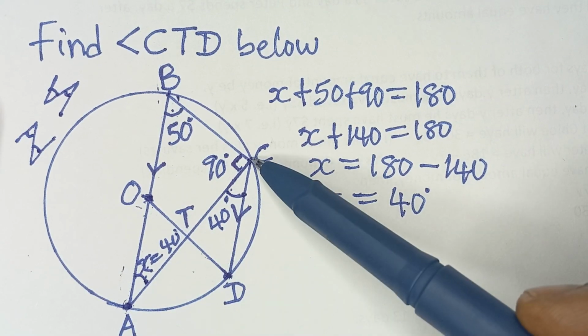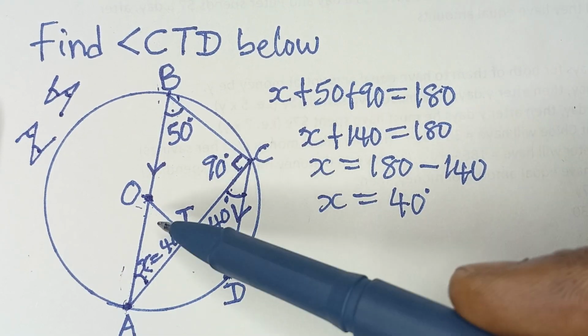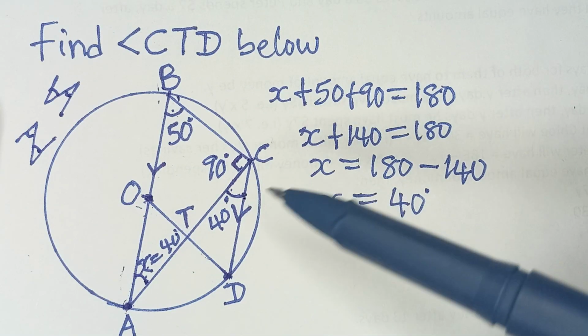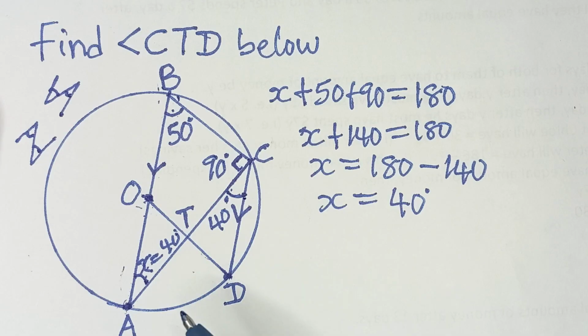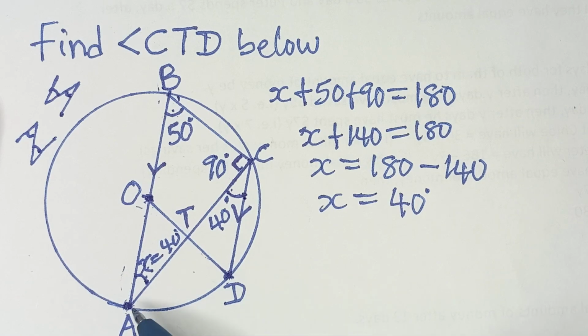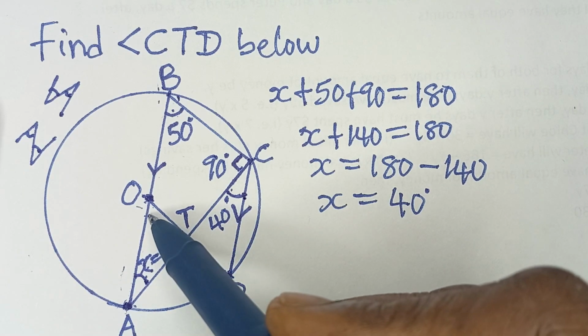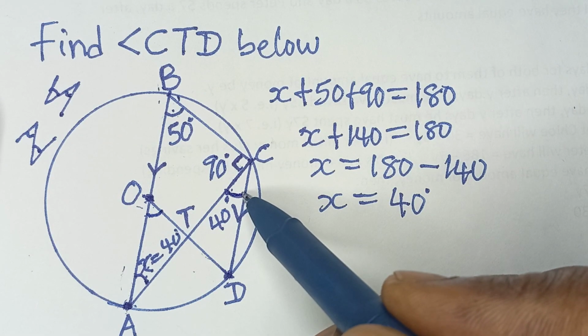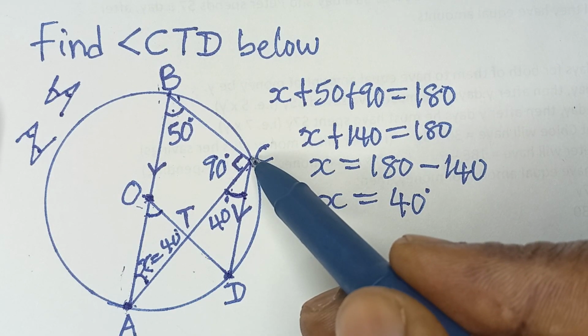So now you agree with me that angle at center is twice that at the circumference of a circle. So please don't forget the trick that you use to identify that: the two lines now, one of them goes to the center and the other goes to the circumference, like this, from the same point A and D. So you agree with me that this one at the center is twice that at the circumference, because this one is at the circumference of the circle.